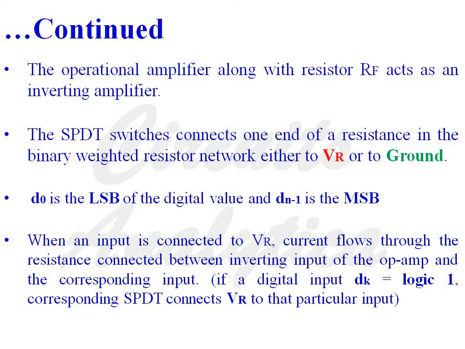When an input is connected to reference voltage VR, current flows through the resistance connected between the inverting input of the op-amp and the corresponding input. Say, for example, if a digital input Dk is equal to logic 1, the corresponding SPDT switch connects reference voltage VR to that particular input.